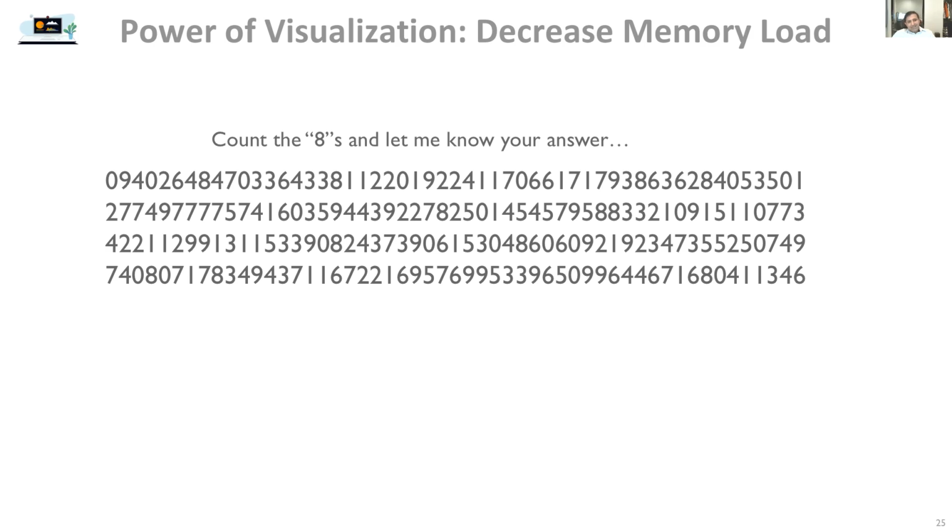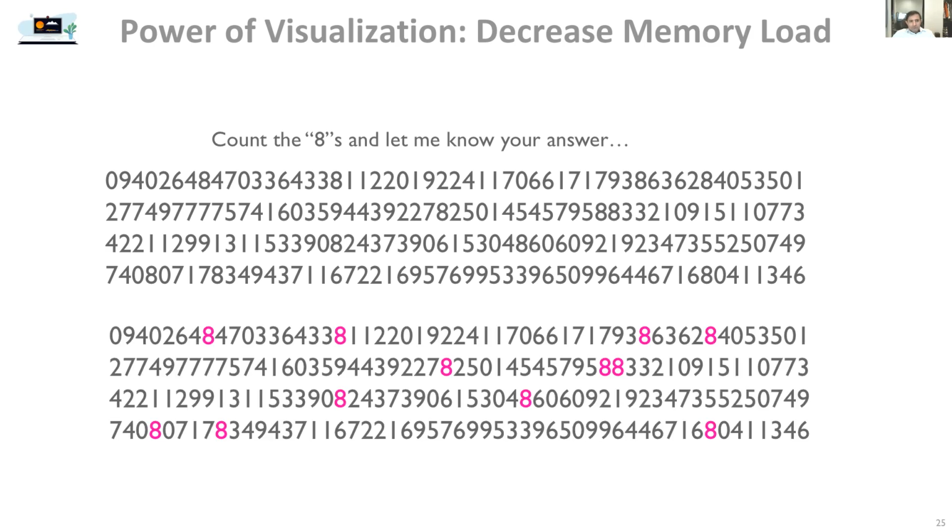The correct answer is 12. If I just draw the 8s with a different color, the detection and counting process can be done much faster. Color is one of the most common properties used to call attention.